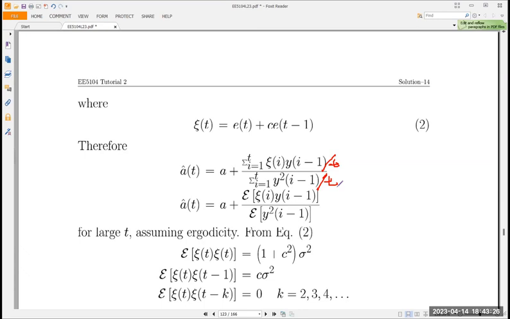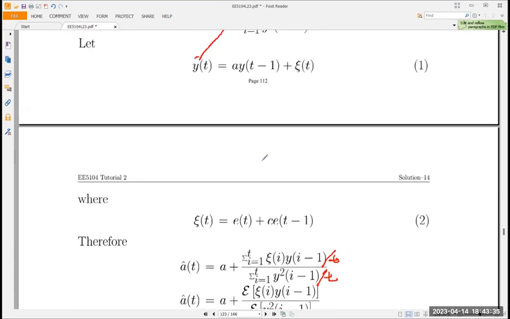How do you get that? Psi times psi, the expectation of psi times psi, is, you just multiply this thing.